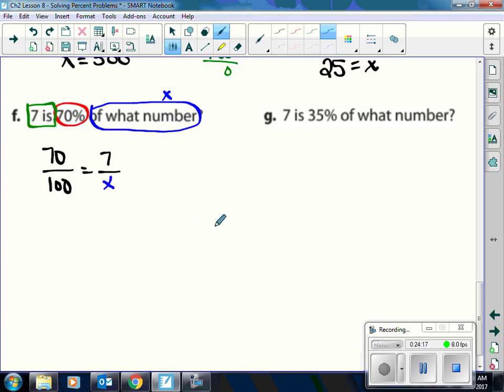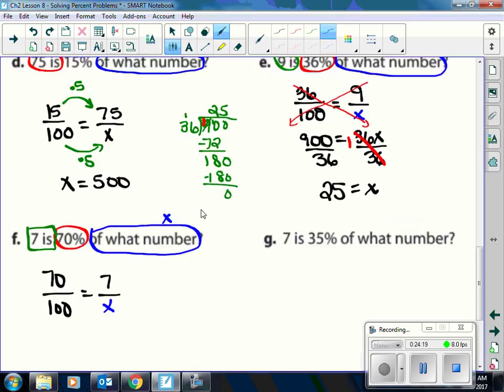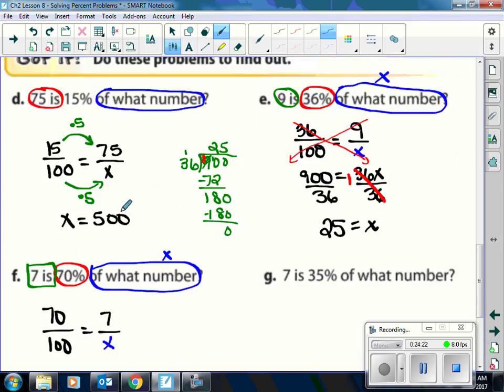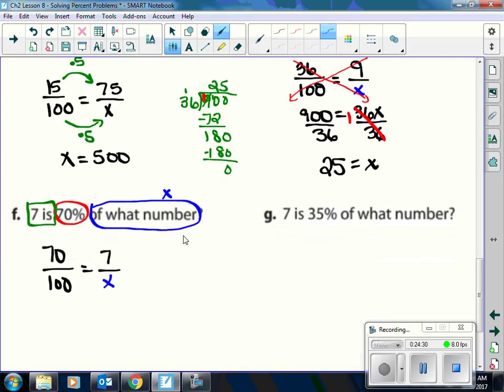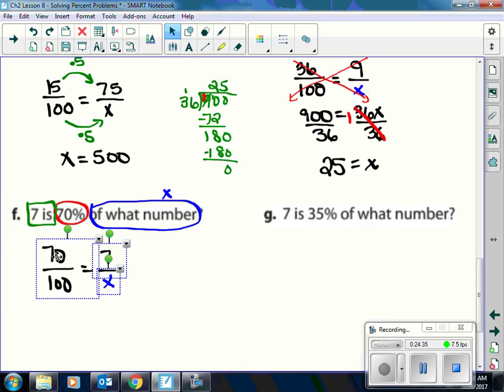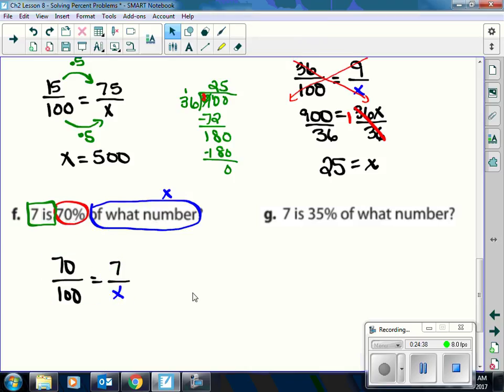So now we can either cross multiply, like we did in example E, or we can do some scaling. Okay? So here, let's do the scaling version for this one, and then we'll cross multiply for example G. All right. So here we've got 70, and we want to get to 7. So we're going to scale back by dividing by 10.